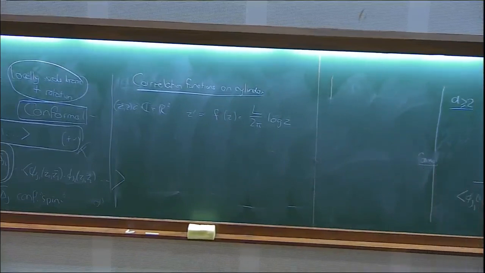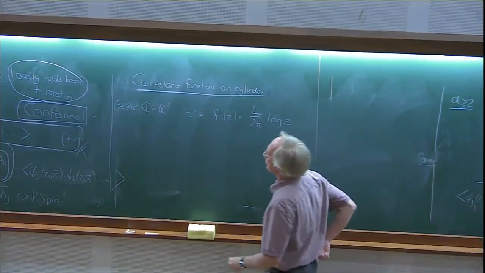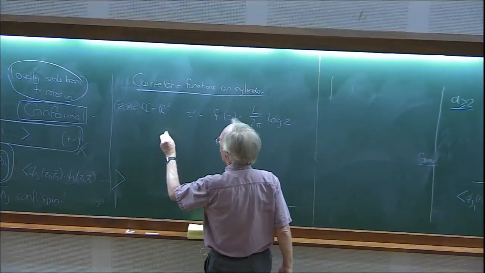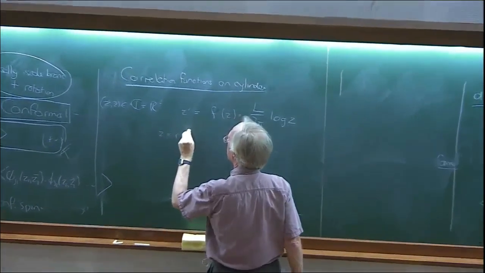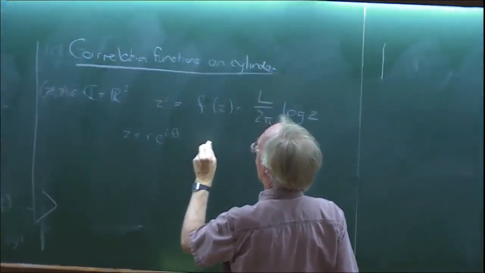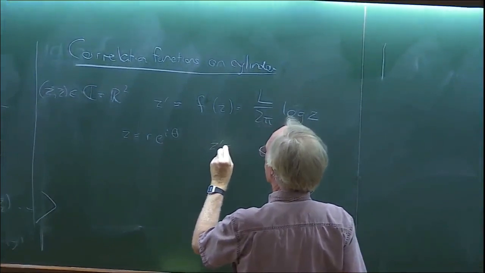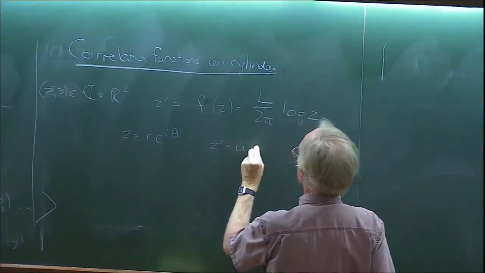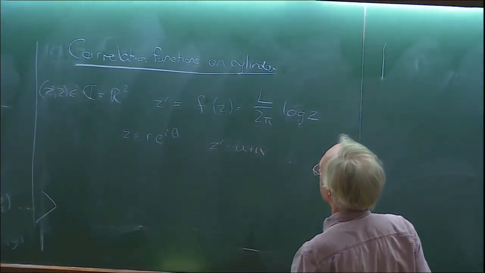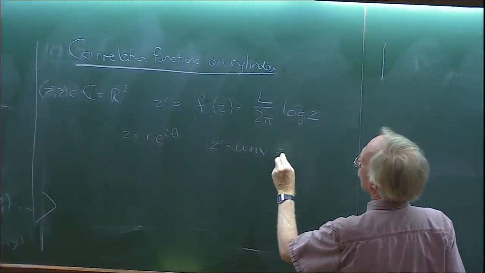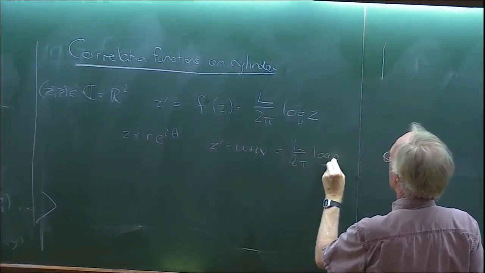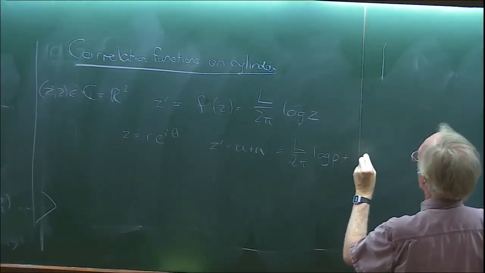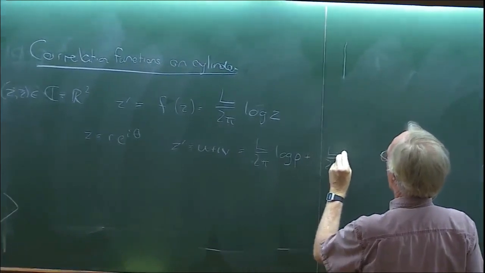No prime. Thank you. So you see, if I write z is rho e to the i theta, then z prime, which I'm going to also call u plus iv, is going to be L over 2 pi log rho plus L over 2 pi times i theta.